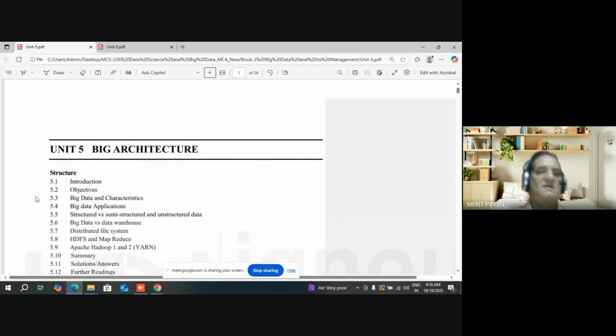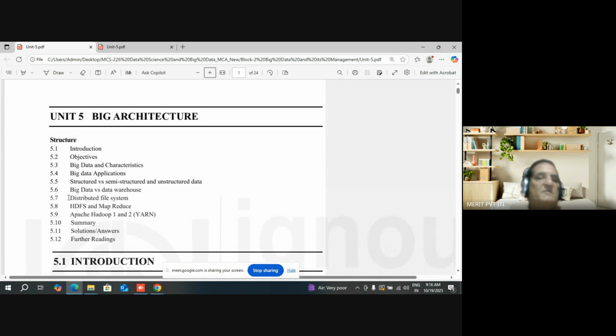Okay, let's start this big data morning. So, big data architecture. So, it's unit 5. So it's big data and characteristics, big data applications, structured versus semi-structured and unstructured data that we talked about yesterday.